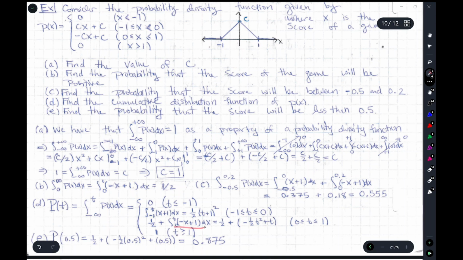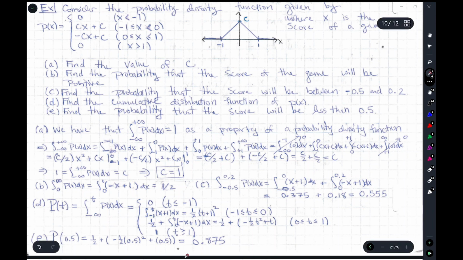Notice that this is the minus x plus 1 because we're looking at t being between 0 and 1. We already carried out the area of the left side of that, which is 1/2. And so we get this function here.